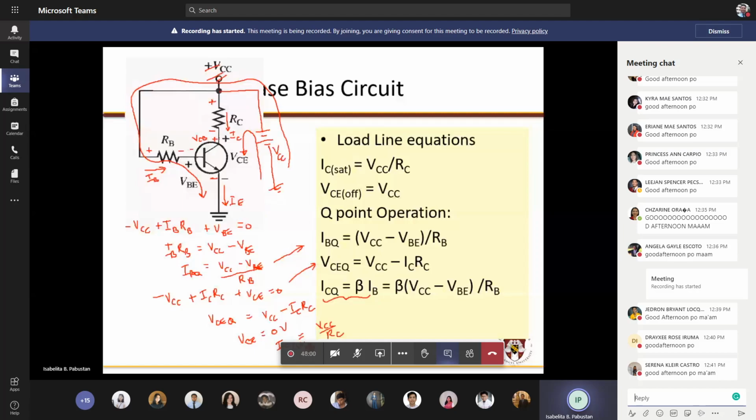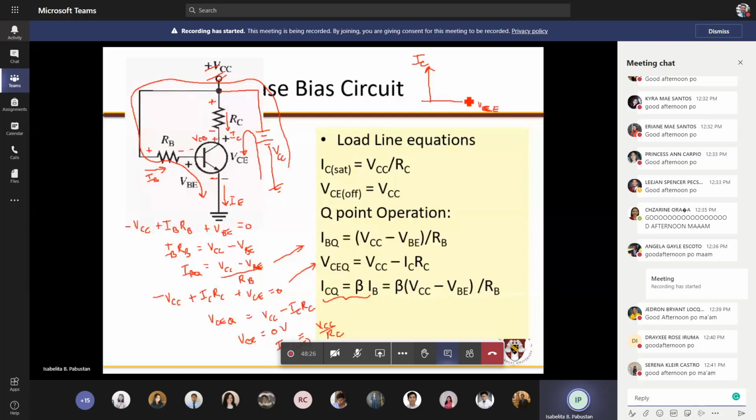Hindi niyo makakalimutan kung ano yung isa-set niyo sa 0, kasi if you remember last time, dun tayo sa collector characteristic curve, this is your VCE and this is your IC. Paano mo maaalala na IC versus VCE?